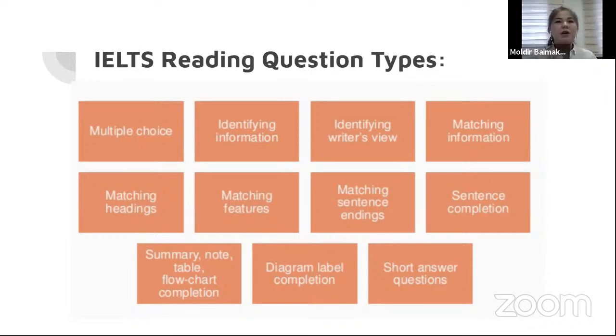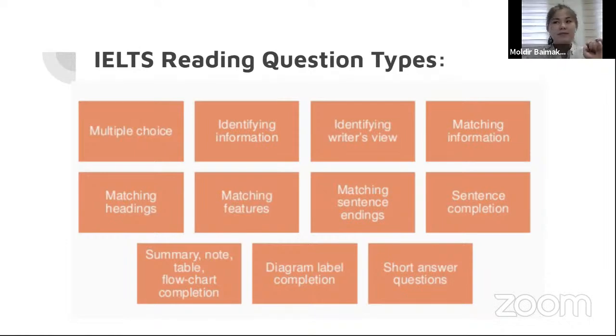And here, in true, false, not given questions, you can just come to the text, locate the information, and just compare them. Here, it may not be the case because writer's view, as I said before, is not that prominent. And that's why you have to be able to understand.